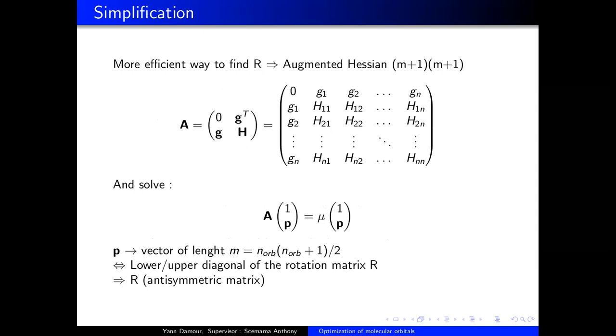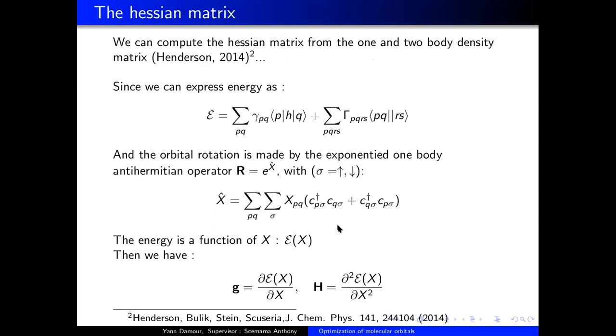It's an (n plus 1) by (n plus 1) matrix, which is built like that with 0, the gradient, and the Hessian matrix. And we have to solve the system with the augmented Hessian multiplied by the vector P, which is equal to mu, the Lagrange multiplier factor, times the vector P.